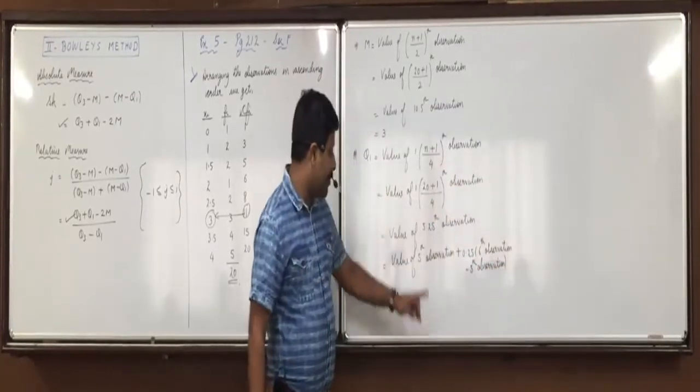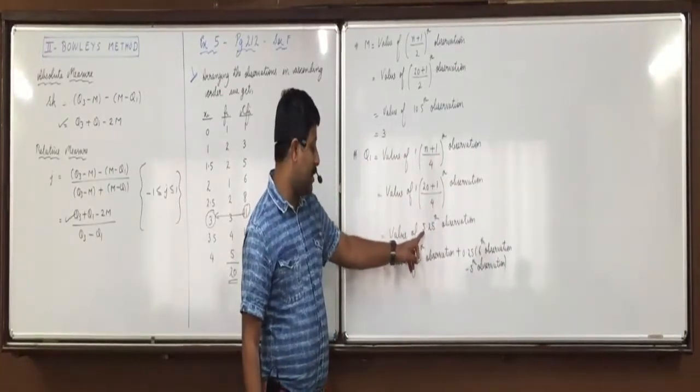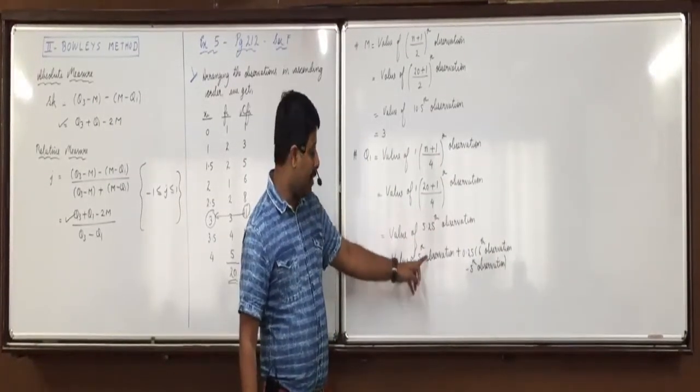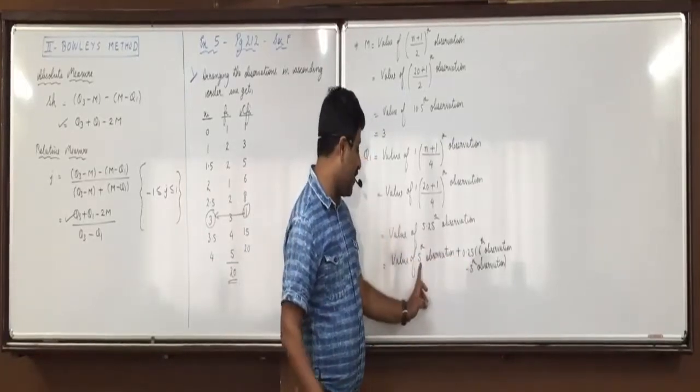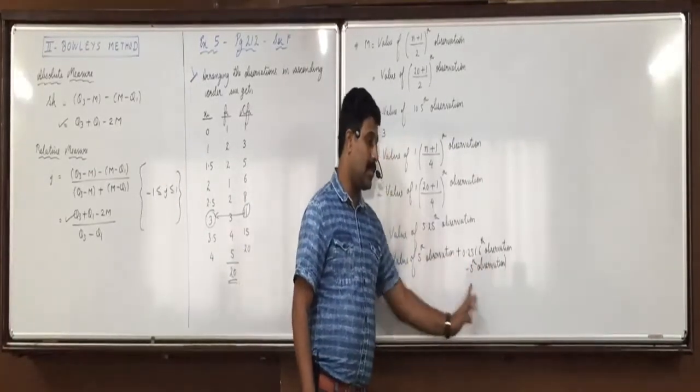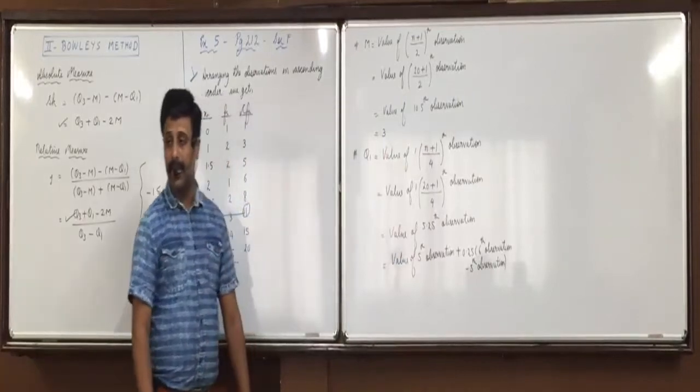Did you understand this? 5.25, so before the decimal 5 means fifth observation. After the decimal 0.25, and then after fifth the next is sixth minus fifth. Do you all recollect this? We used to do this in chapter 3.